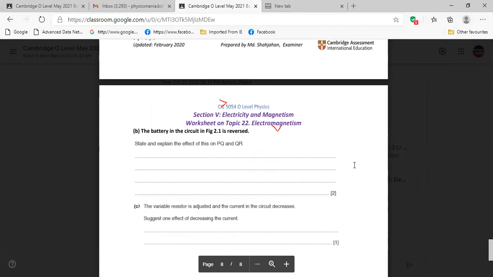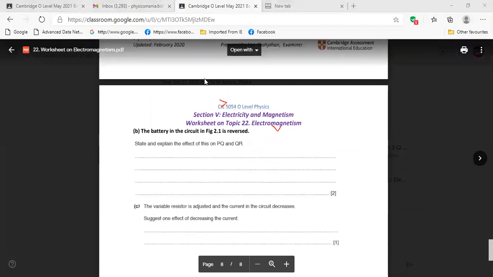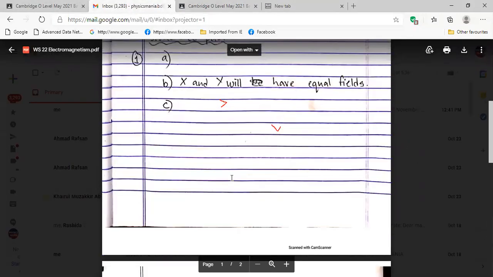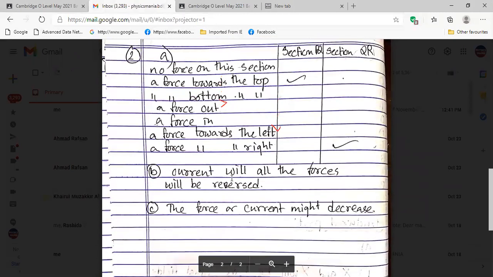State and explain the effect of this on PQ and QR. What will be the effect? Current and force will be decreased or reversed.